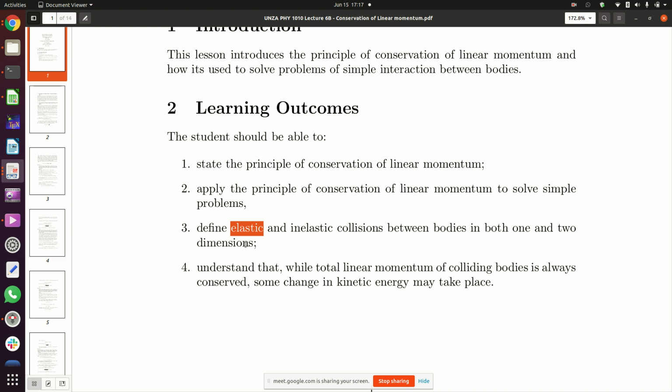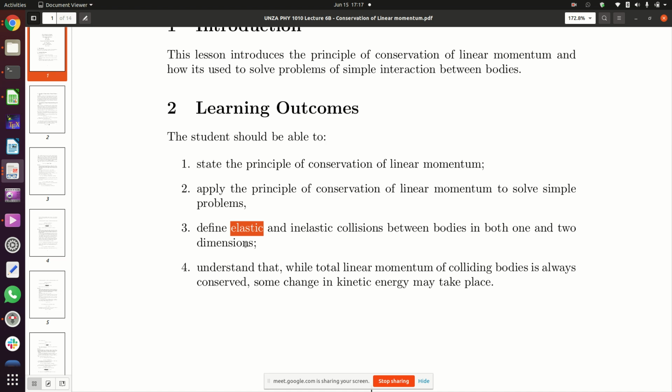Since these objects have linear momentum, which is just a product of mass and the velocity of the object, it also turns out, as we have shown before, that an object with linear momentum also has kinetic energy. So if the total kinetic energy just before the collision and the total kinetic energy just after the collision are the same, then such a collision is called elastic.